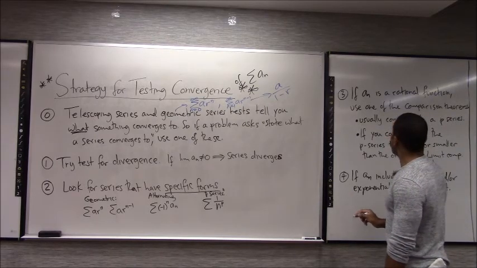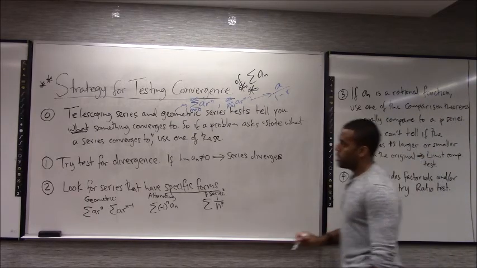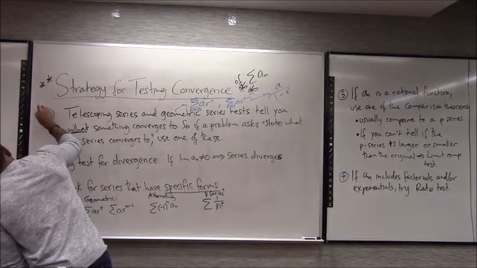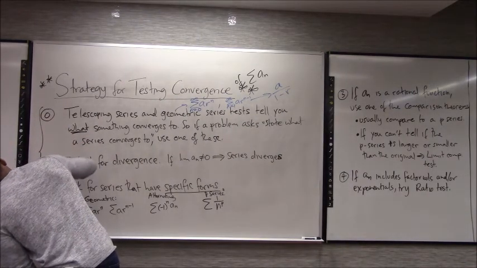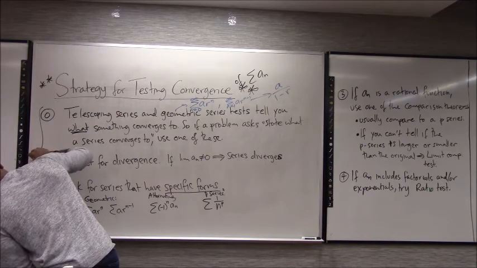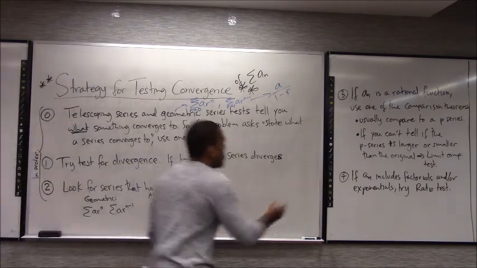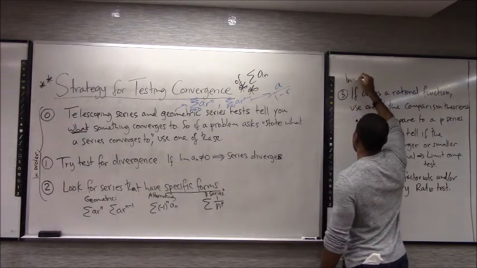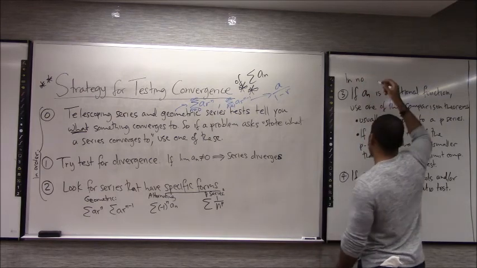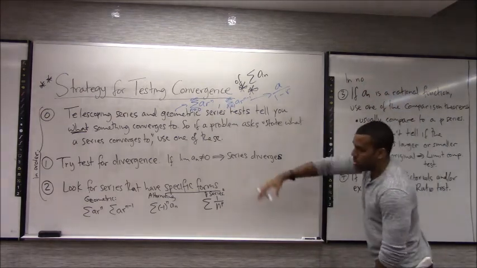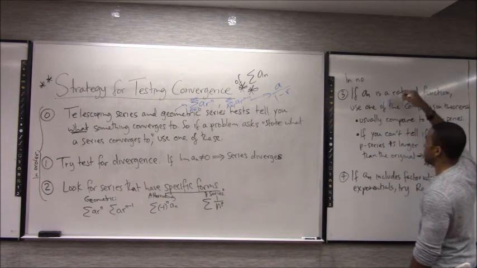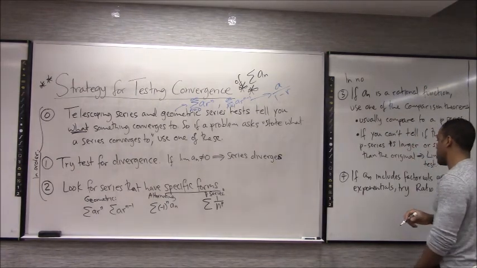So I would say, again like with integrals, you would do these first three in order. But the remaining steps I'm telling you about are in no particular order. It just depends on what you're spotting. So you would try these, but if those don't work and you notice it's a rational function, a comparison test is what you should be thinking.